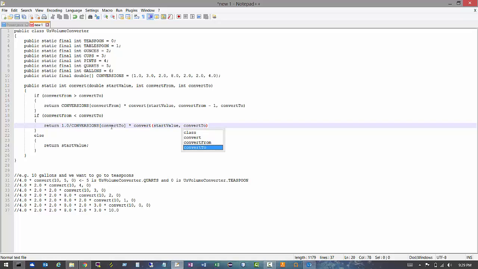So we're going to do convert from. We're not going to touch this case because we're walking the opposite direction. So what we're going to want to do is the convert to minus 1.